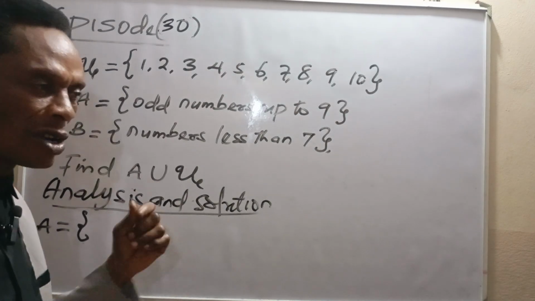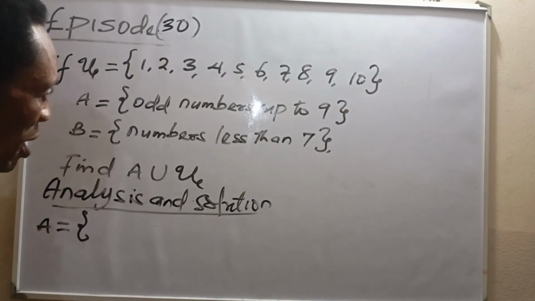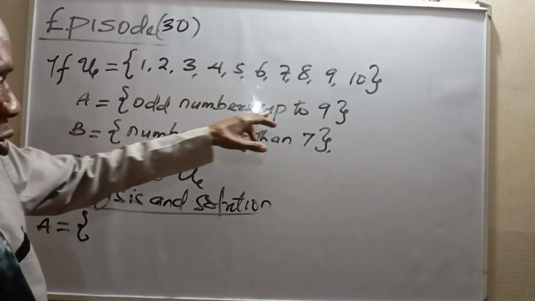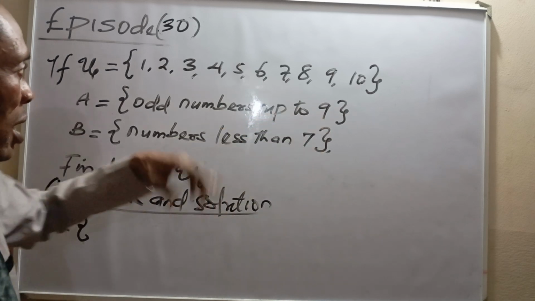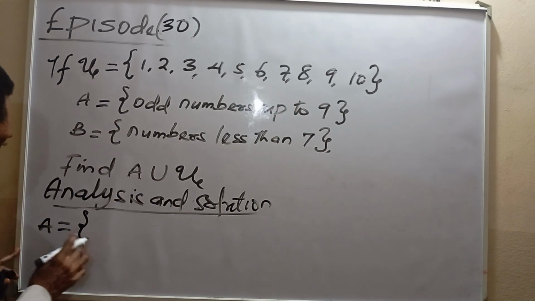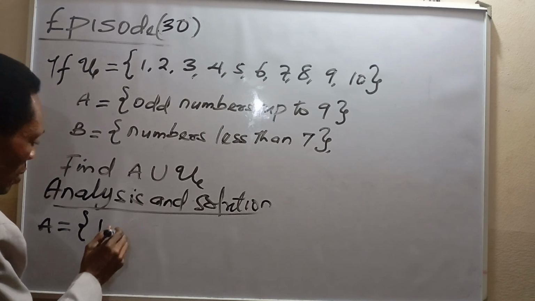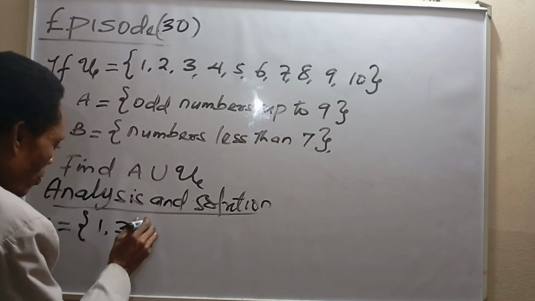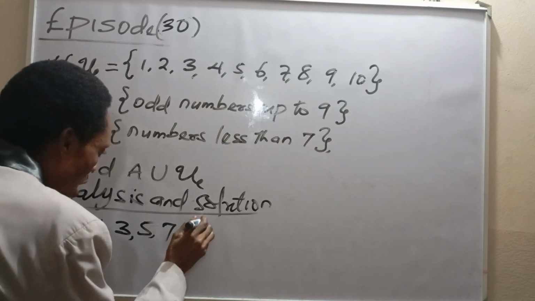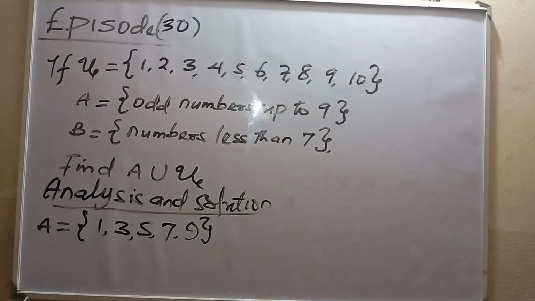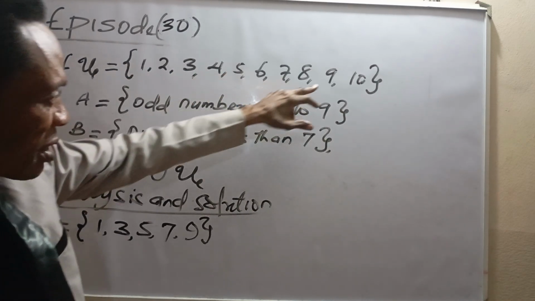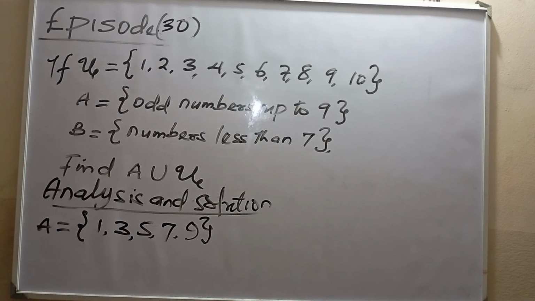Considering the universal set, the odd numbers up to 9 should be 1, 3, 5, 7, and then 9. These are the odd numbers, because 2 cannot divide them.